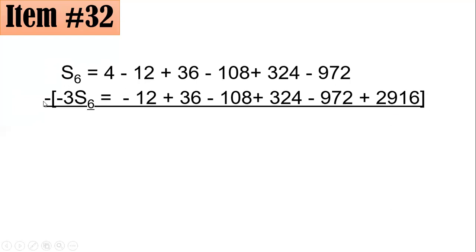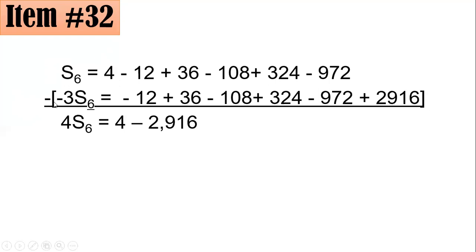And I have to subtract them. You could see that these terms in the middle are in fact equal. So subtracting both sides of the equation will eliminate -12, 36, -108, 324, and -972.